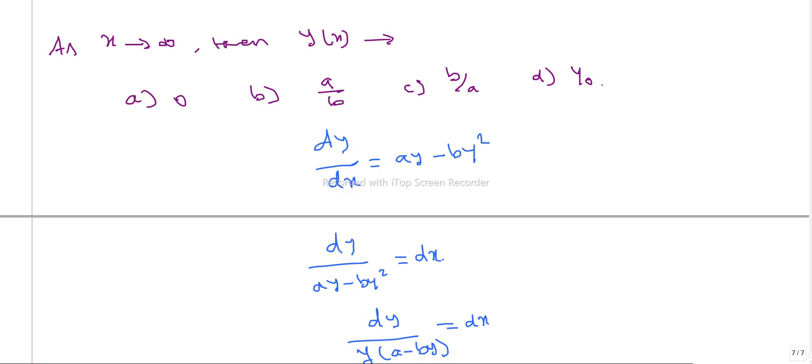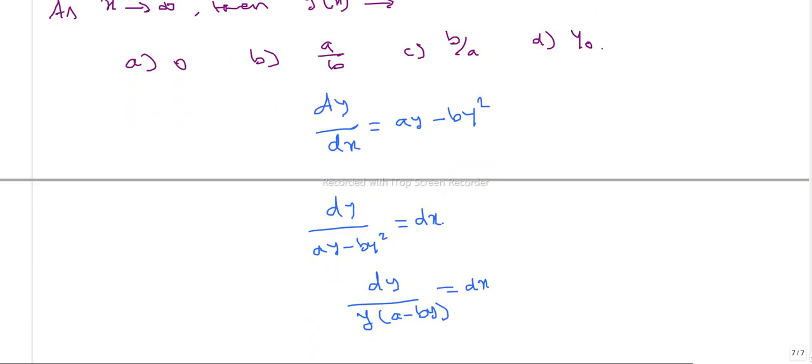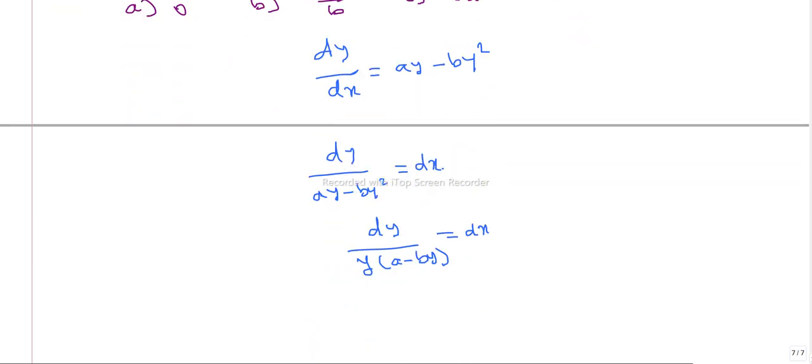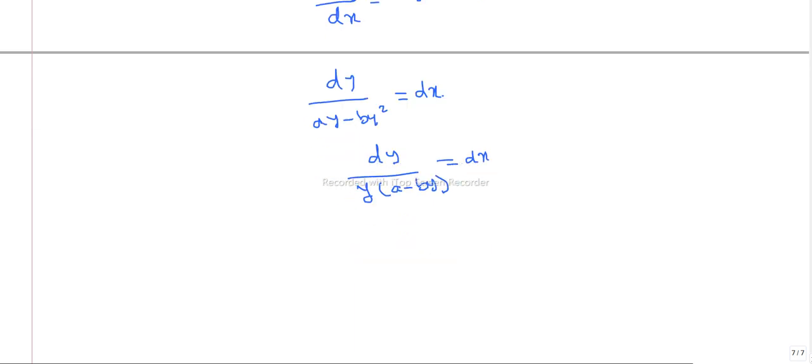So now the given differential equation can be written, we have to separate the variables x, y. So we have to apply the partial fraction for the term 1 by y into a minus by. If we apply the partial fraction, we can write 1 by y plus b by a minus by.